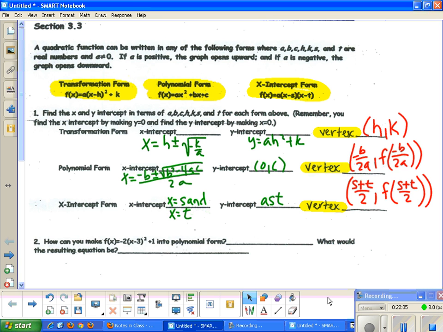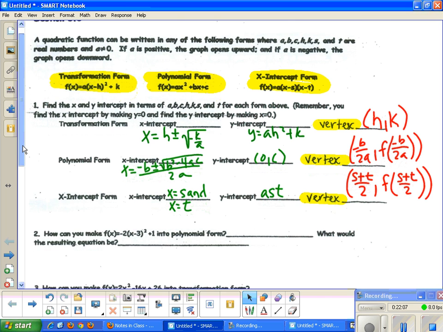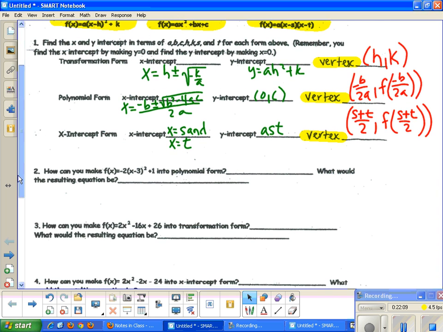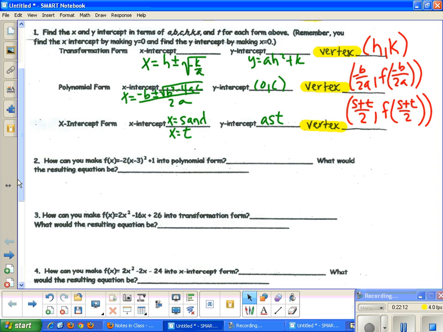So the last part that I want to talk about is how you can make one form go into the other forms. How can you make f of x equals negative 2 times quantity x minus 3 squared plus 1 into polynomial form? So this is transformation form. What would I need to do?